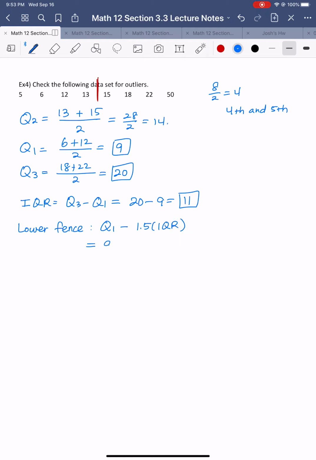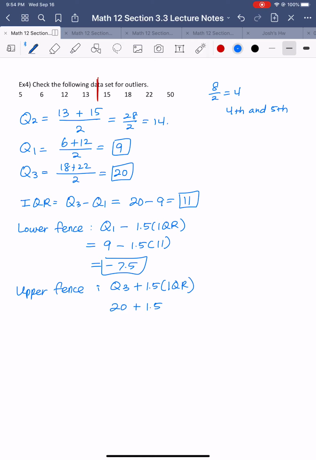Q1 is 9 minus 1.5 times 11, which gives us negative 7.5. And for the upper fence, it'll be Q3 plus 1.5 times IQR. So Q3 is 20 plus 1.5 times 11, and then you'll get 36.5.